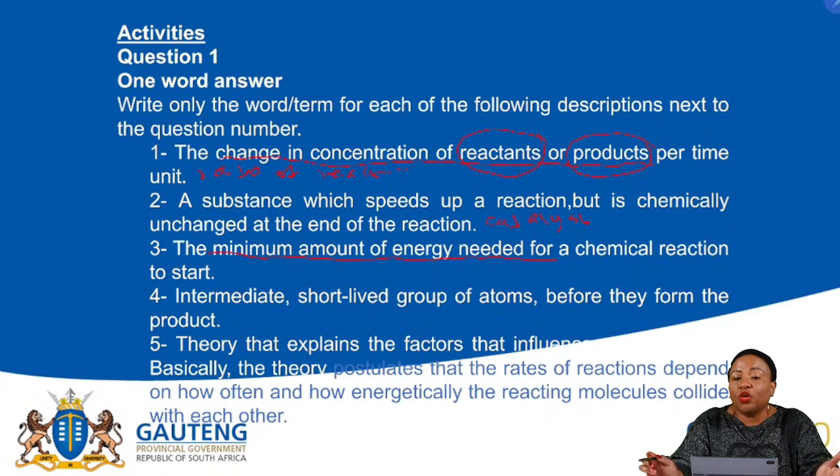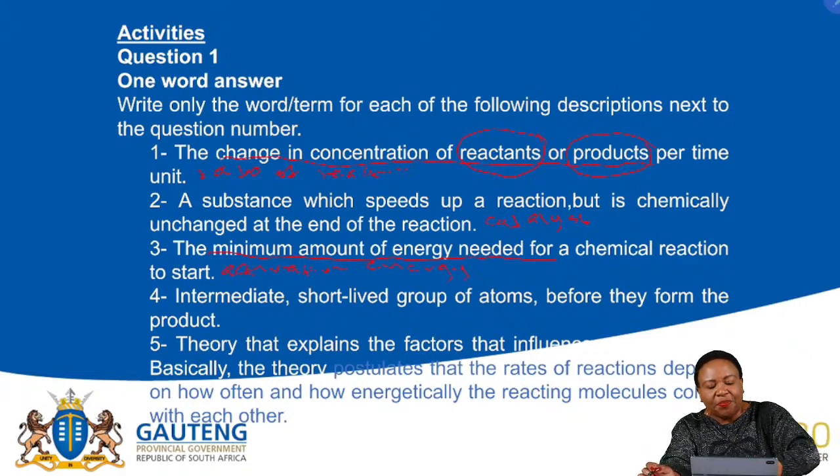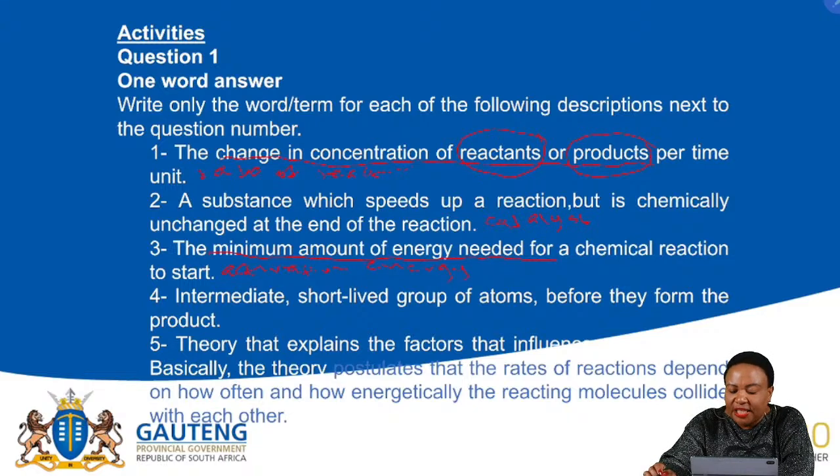I think we have also discussed different energies, but we know that for every effective collision to occur, we need sufficient energy, and that energy is referred to as activation energy. So activation energy is the minimum amount of energy needed for a chemical reaction to start. What does activation energy do? Activation energy will allow effective collision.